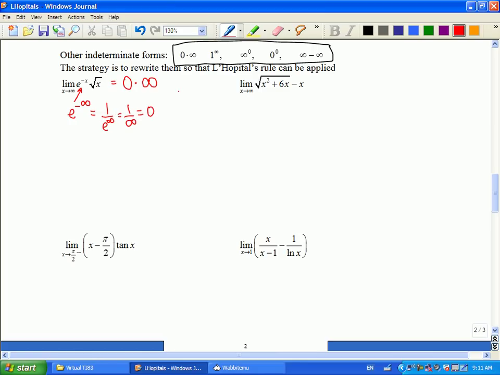So it's 0. But hopefully you don't have to reason that far. Hopefully you are able to just apply that very big negative exponent and know that it's going to be a 0. So we're not ready yet. We have 0 times infinity. We need to work this out. So see if you can figure out how to rewrite it so that L'Hopital's rule applies.